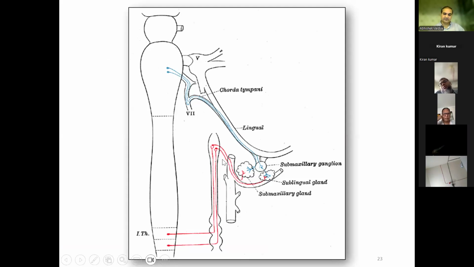The sympathetic supply is derived from the cervical sympathetic ganglia, which passes their nerves to a plexus on the surface of the facial artery, and which provides sympathetic supply, which is vasoconstrictor to the submandibular and the sublingual salivary glands.